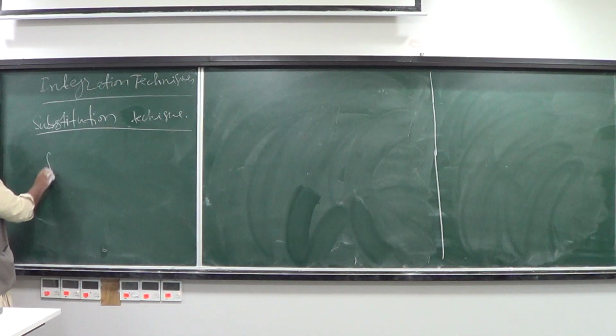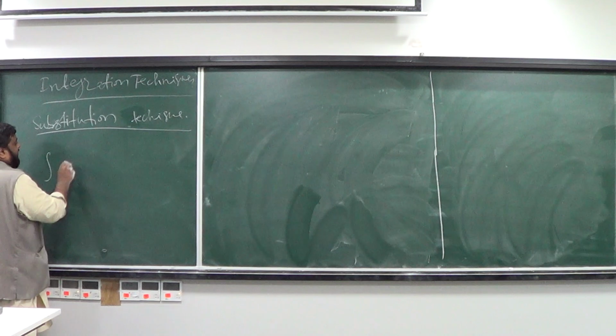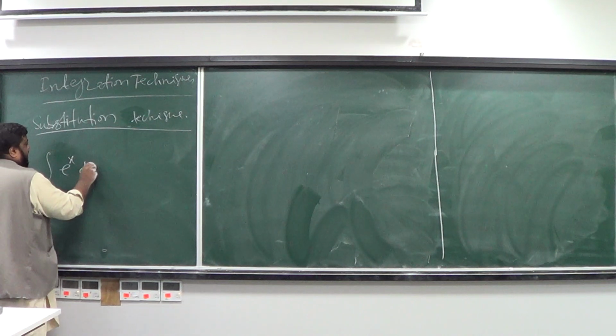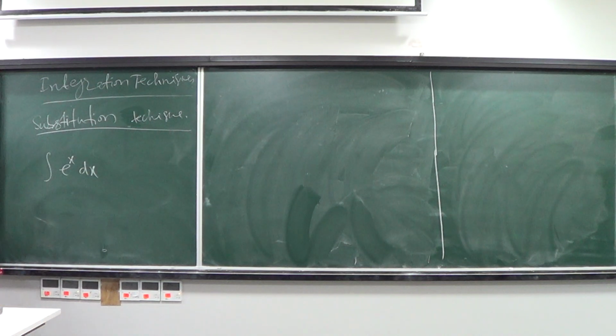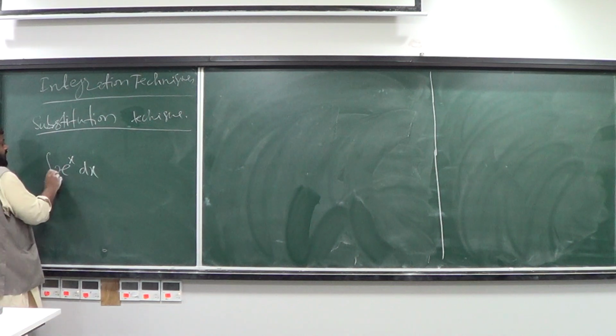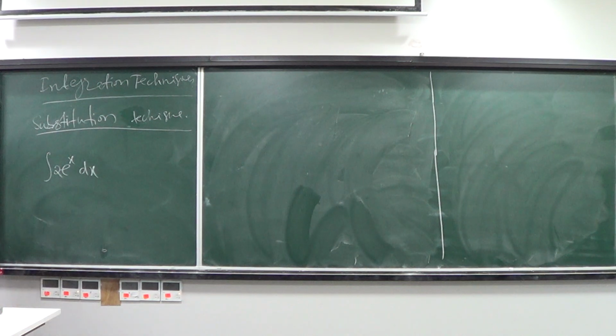See, if I have to integrate e power x dx, I know how to integrate it. The answer is going to be e to the x plus c. The antiderivative is simple. If it is, say, 2 times e to the x, it is still easy to deal with. The outcome is going to be 2e to the x plus constant.